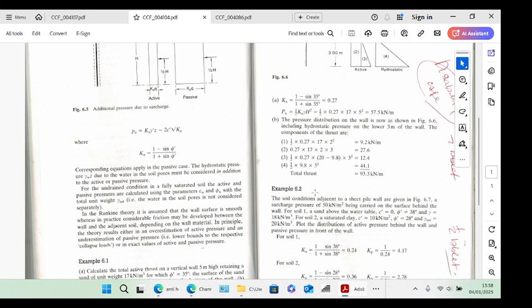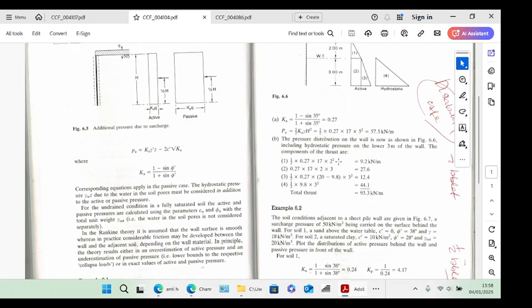The saturated unit weight of the sand is 20. We're going to calculate the hydrostatic pressure in 4, so take away the hydrostatic unit weight, which is 9.8. So 20 minus 9.8 is equal to 11.2.